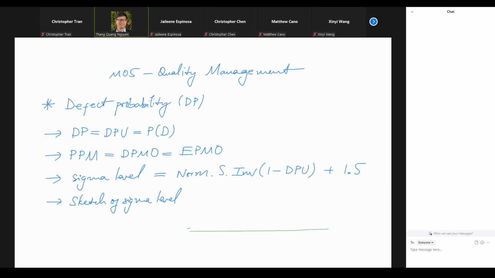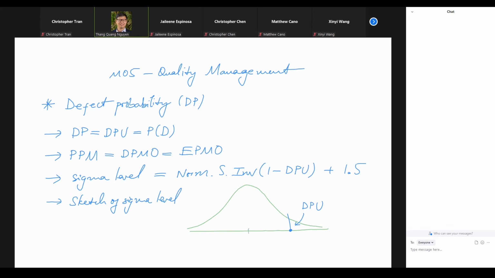It's a symmetric bell-shaped curve like this. And somehow we cut the right tail so that the right tail equals the DPU or DP or PFD, whatever it is, and then we pin down that blue point right here.